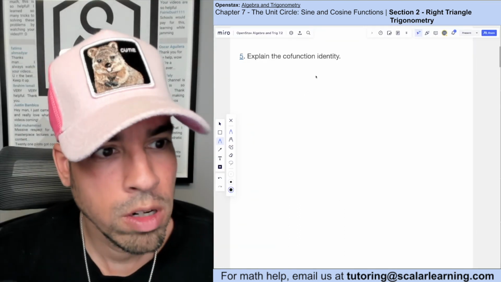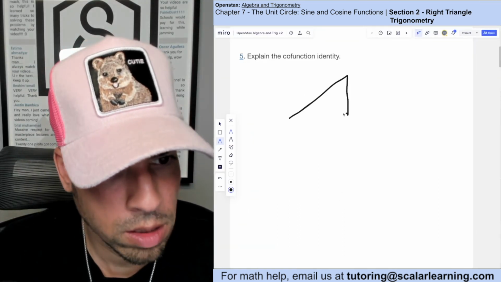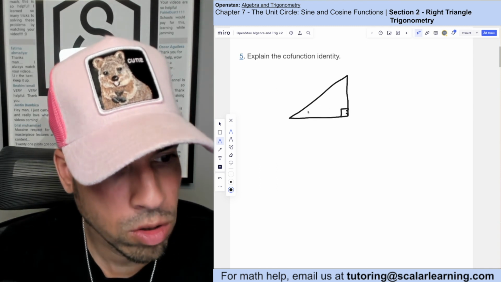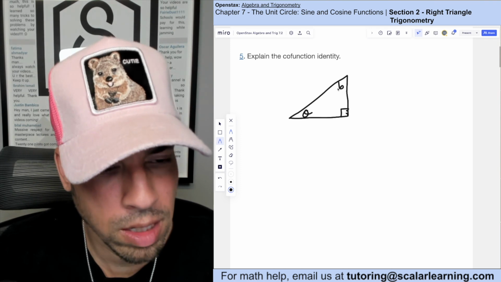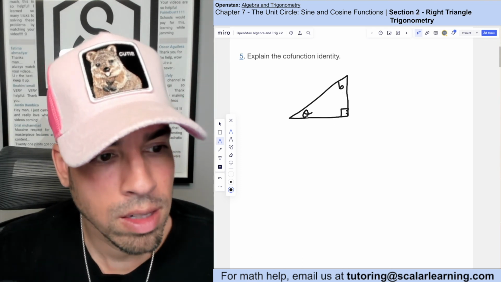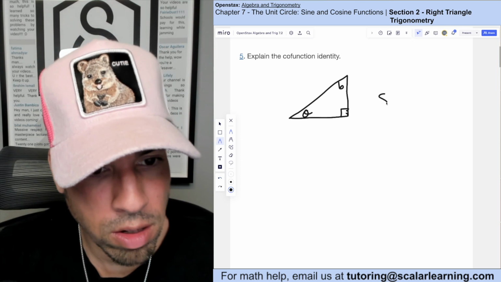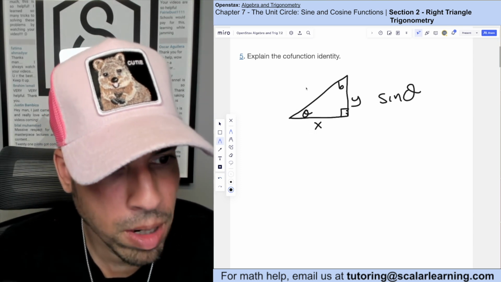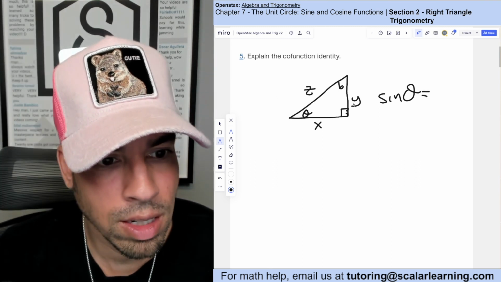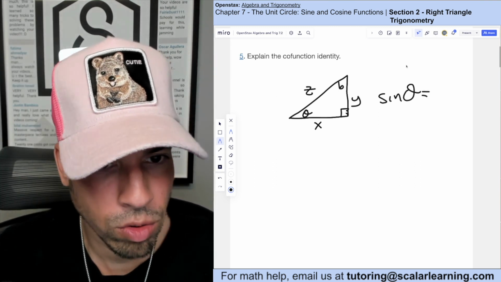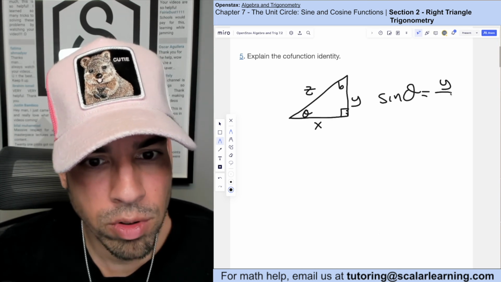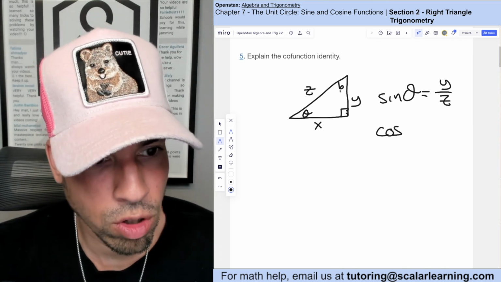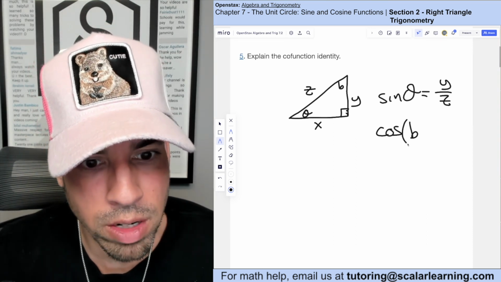Done. When talking about the cofunction identity between sine and cosine, what it's basically saying is, if I have an angle here, let's call it theta, and another angle B. Let's label the sides X, Y, and the hypotenuse Z. Sine of theta is opposite over hypotenuse, so that is Y over Z, which equals cosine of the complement of this angle, which is B. How do I know that?